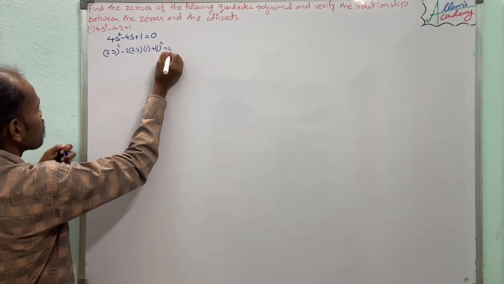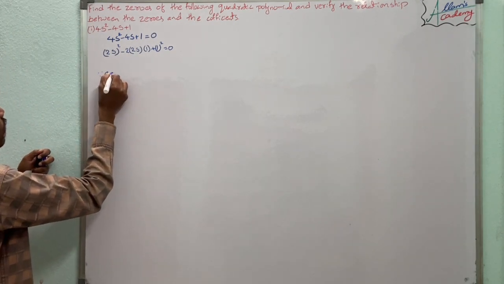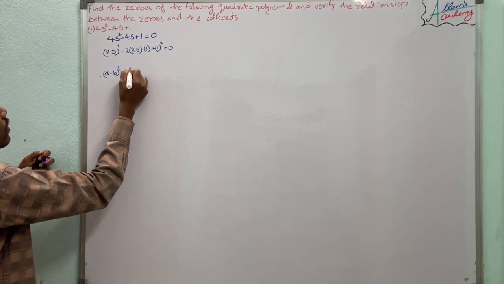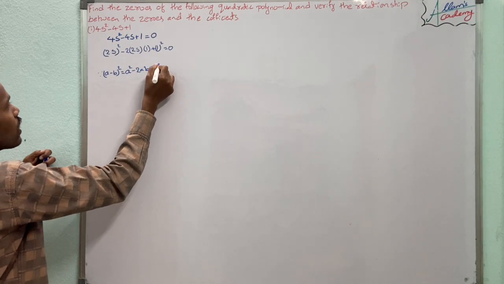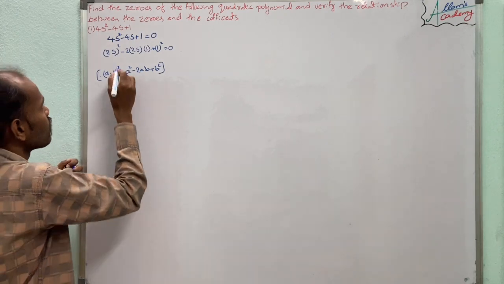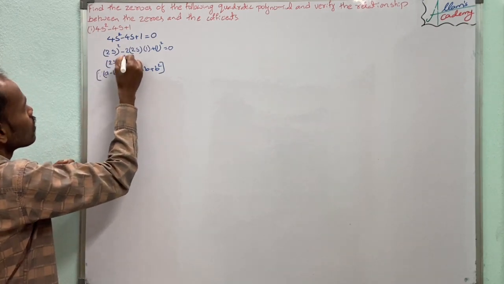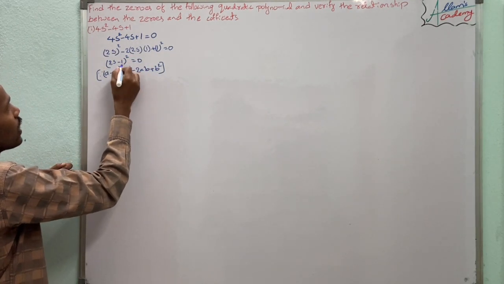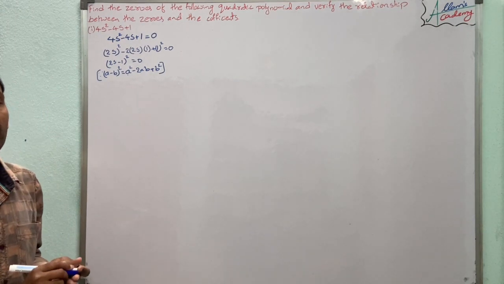Now if we observe, it is in the form of a minus b whole square, that is a square minus 2ab plus b square. By using that formula, we can write this as 2s minus 1 whole square. Here a equal to 2s, b equal to 1.